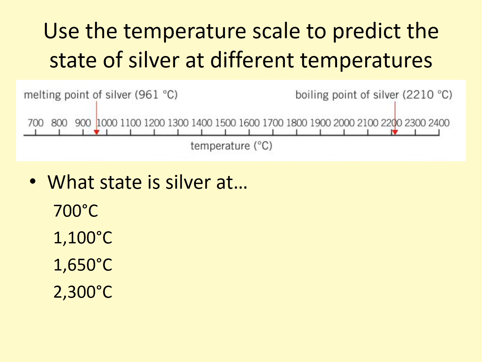So any temperatures to the right of that arrow, the silver is going to be in the gas state. It's also going to be extremely hot because you can see the boiling point of silver is 2210 degrees C.